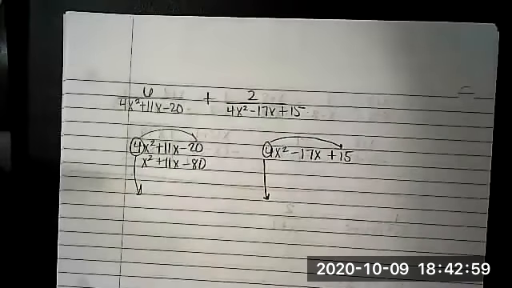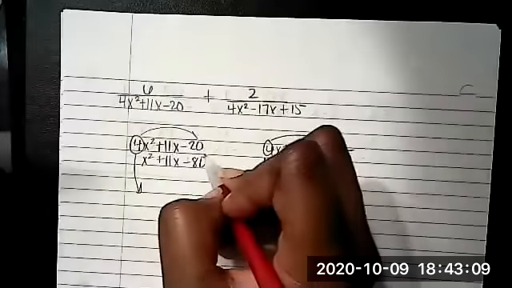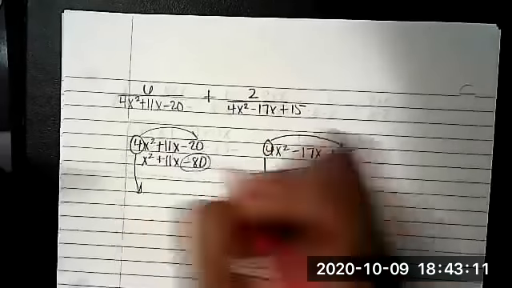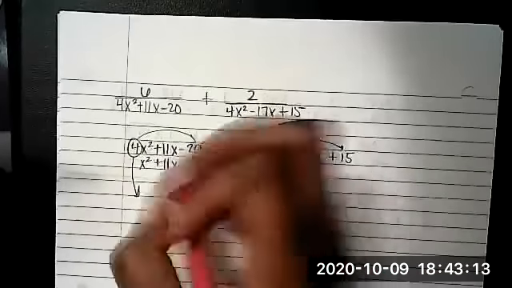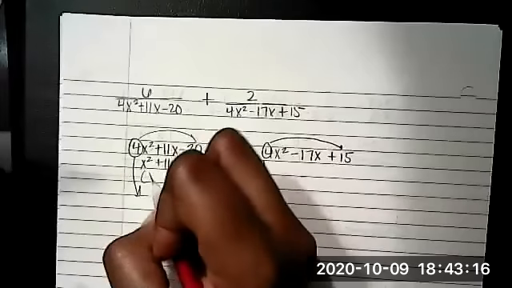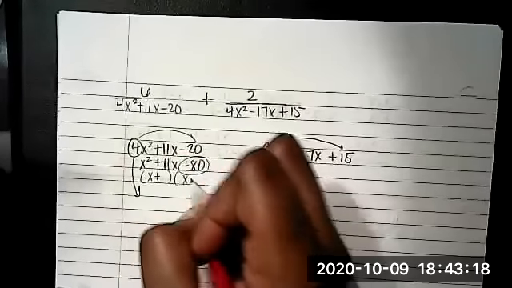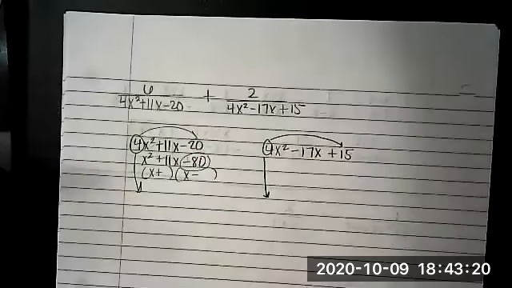Okay, so let's try to figure that out. Look at 80. It looks like it's 8 and 10, but I know that this is actually subtraction, so one positive, one negative. So 8 minus 10 is 2, so that isn't my answer.